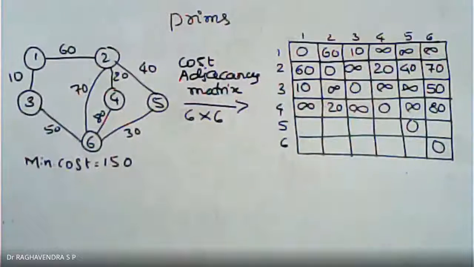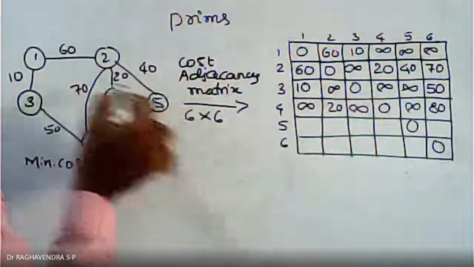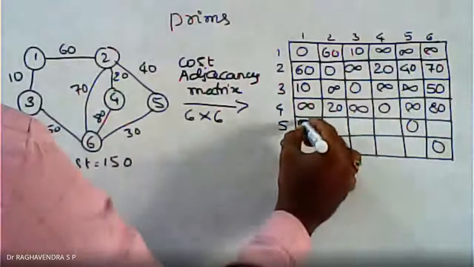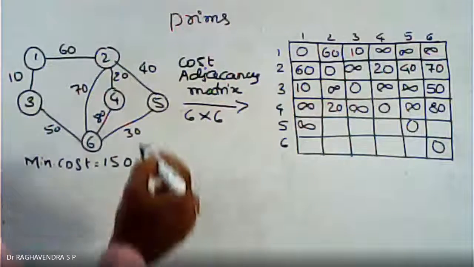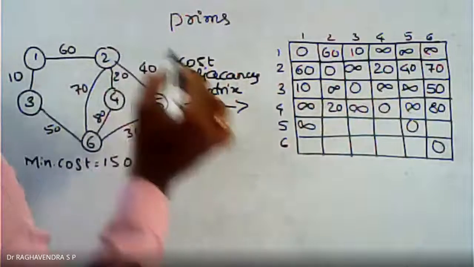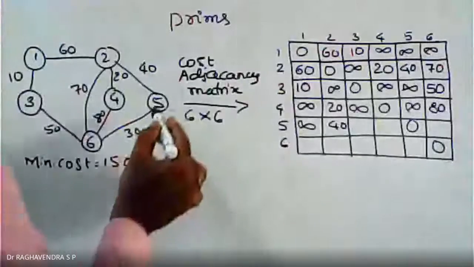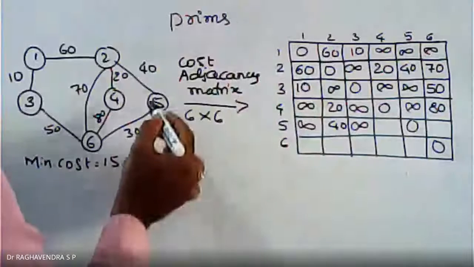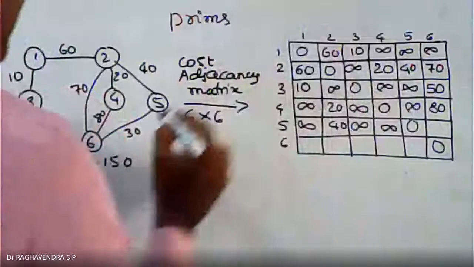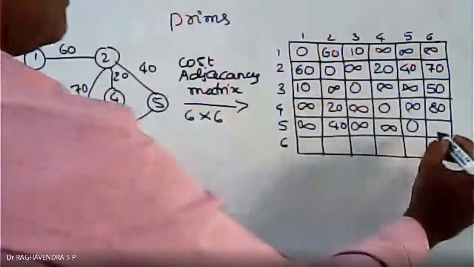5 to 1? Infinity. 5 to 2? 40. 5 to 3? Infinity. 5 to 4? Infinity. 5 to 6? 30.